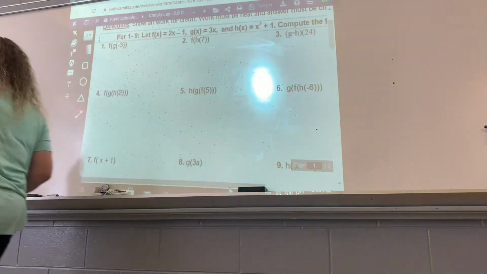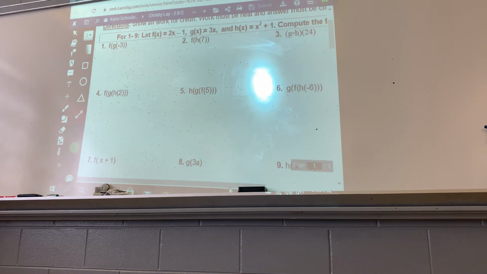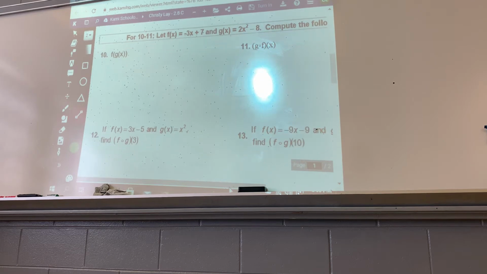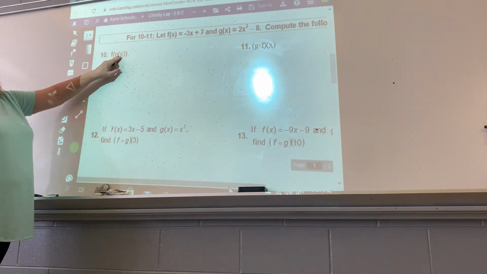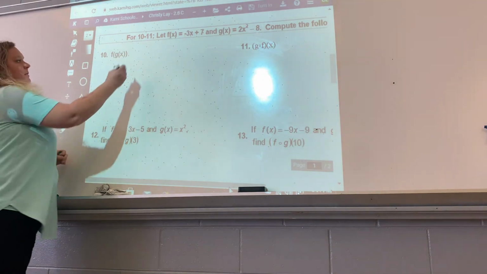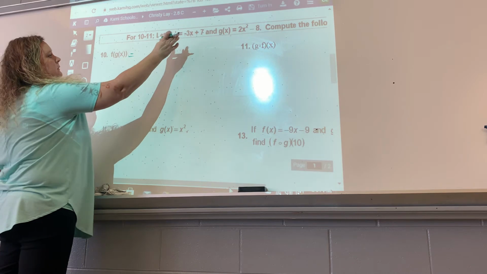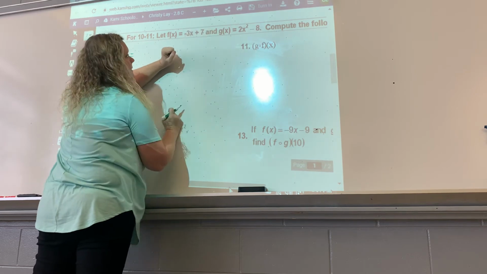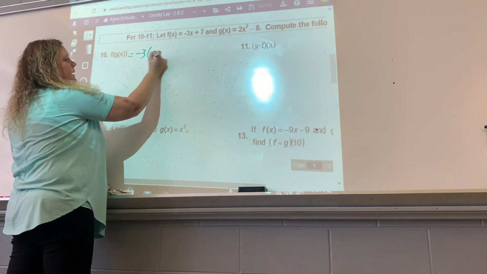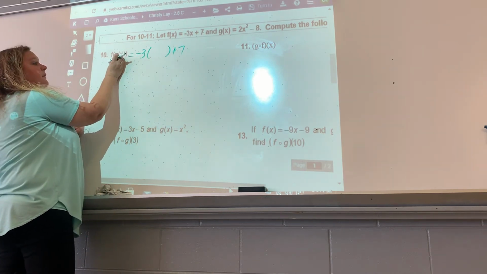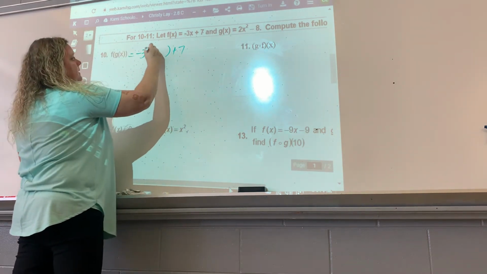All right. Now let's go down and look at this. So we're going to change up our equations a little bit. And now we're using the whole function here. So this is to take the f equation and plug in what g of x is. So I'm going to go to the f equation, and instead of x in the f equation, I'm going to use this whole thing in its place. So -3, and in place of x, I'm going to use some stuff, plus 7. The stuff that I'm going to use is whatever g of x is, 2x squared minus 8.